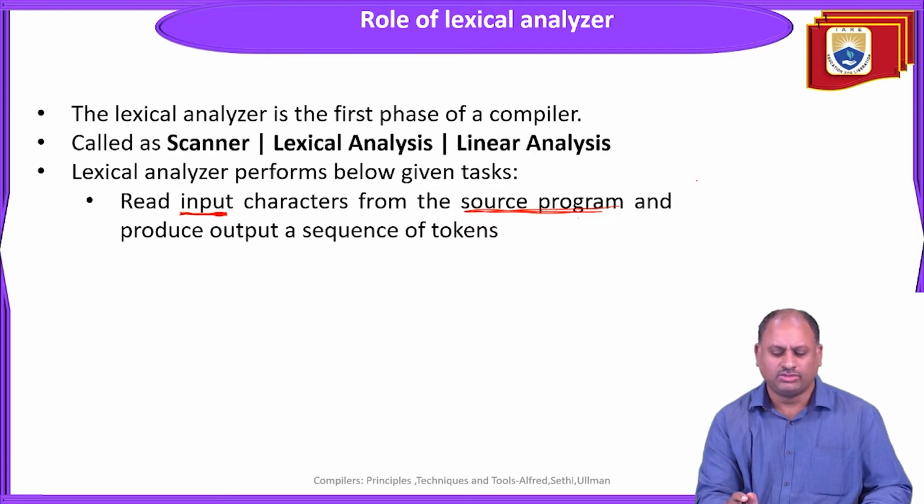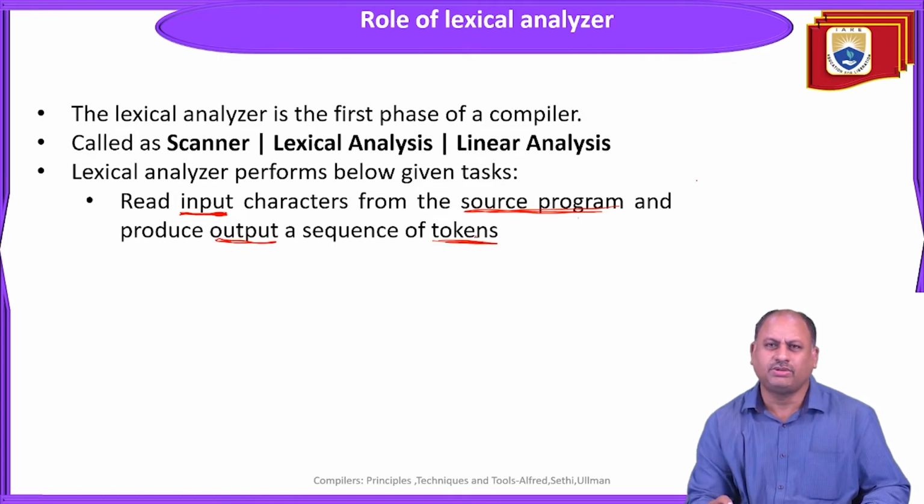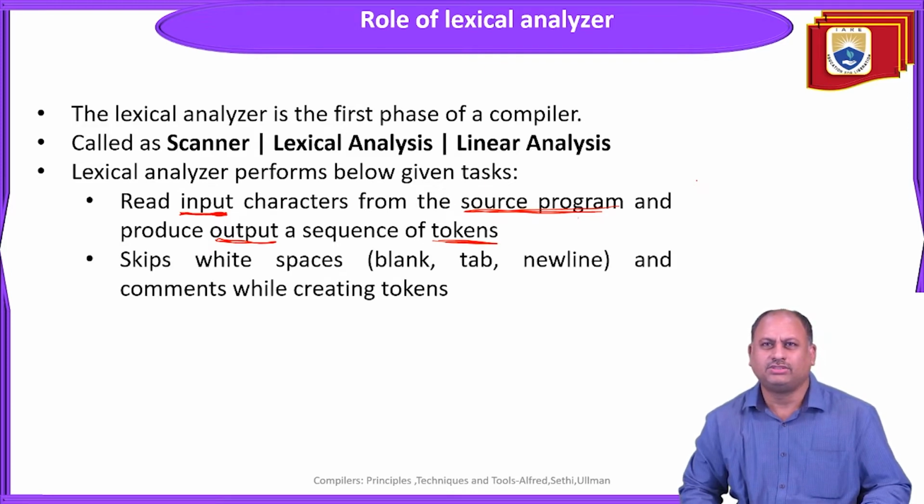We take each instruction step by step, character by character, and deliver the output, which is tokens. One token means a stream of characters, that is lexemes, identified by the lexical analyzer. That is the main process here.